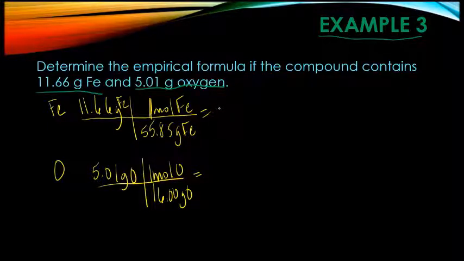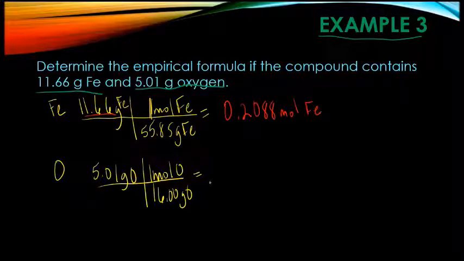So looking here, the moles of the iron is going to be 0.2088 moles, following sig figs since they have 4 over here to start with. Then we get 0.313 moles of our oxygen.